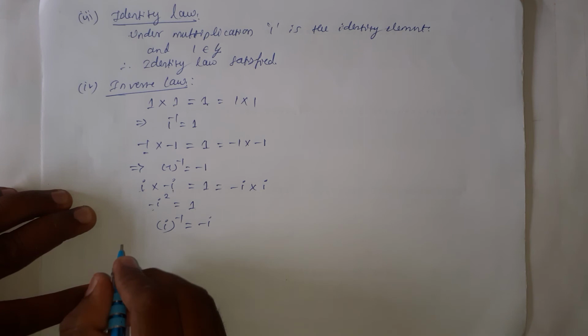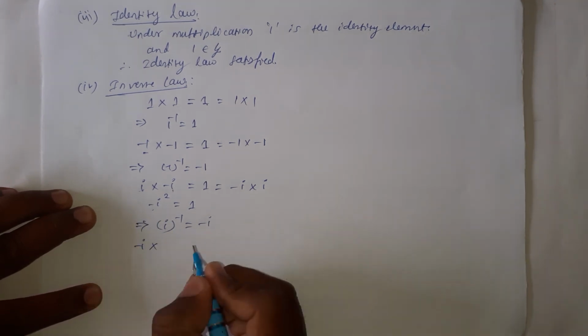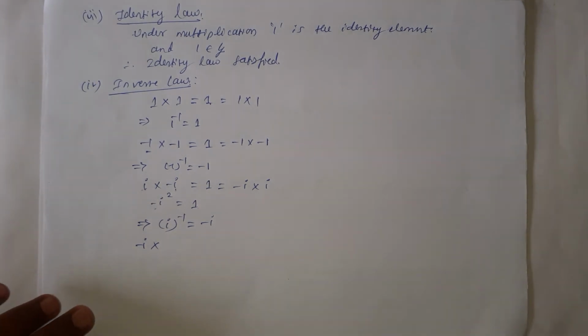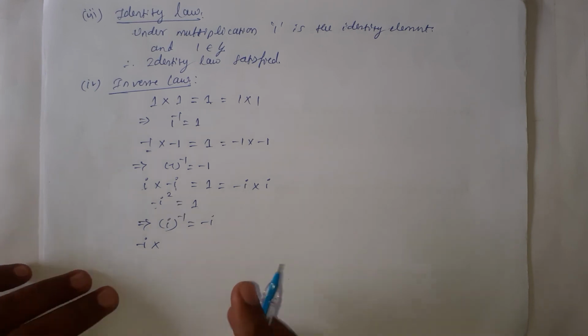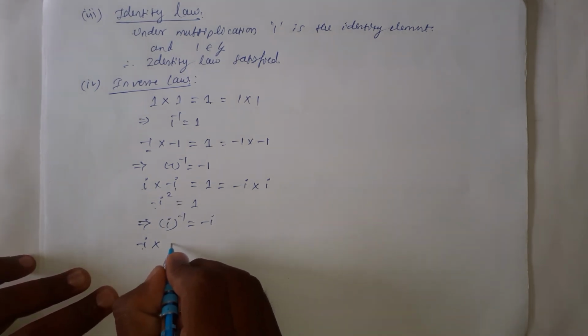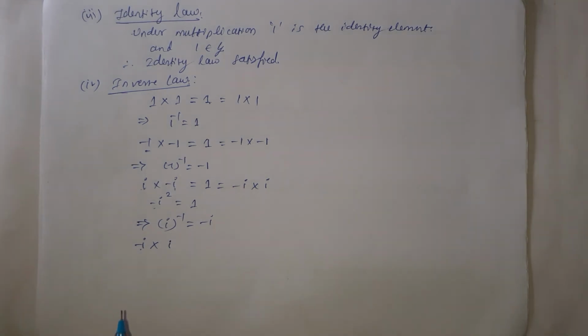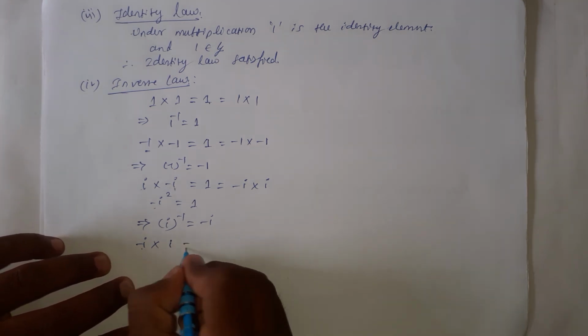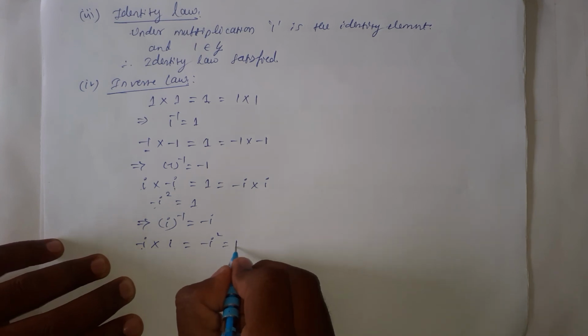Then the last element is minus i. Here we need to multiply this minus i by some number in order to get plus 1. It is minus i, multiplied by plus i. If you multiply minus i by plus i, it is equal to minus i square, and that is equal to plus 1.